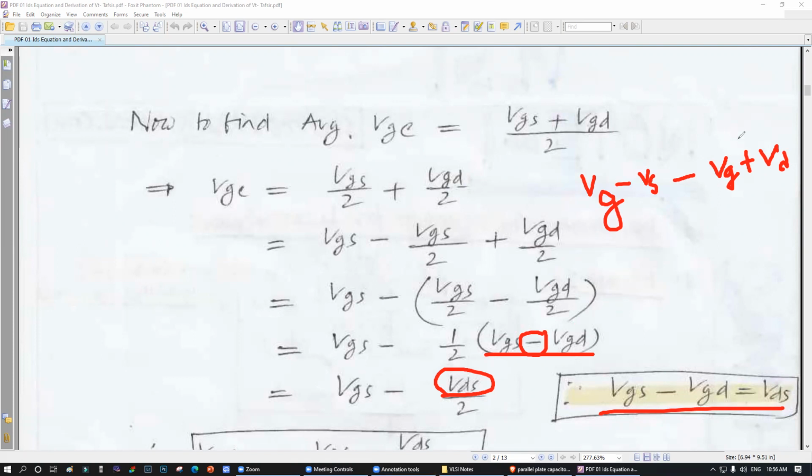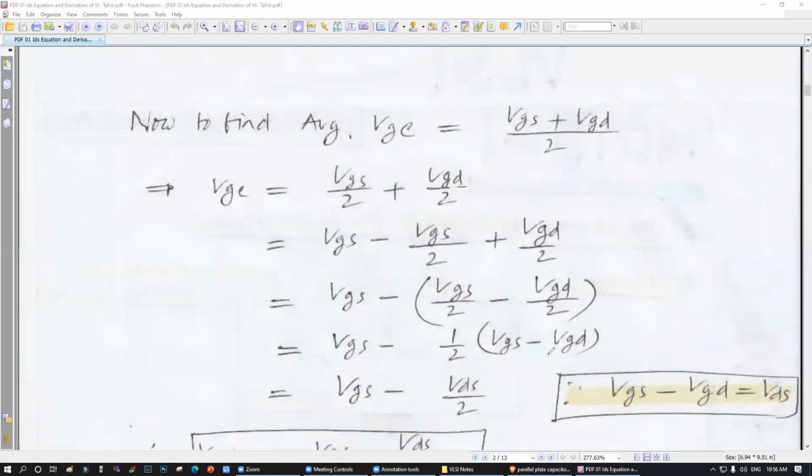Just look at this: these VG and these VG are gone. So what are you left with? VD minus VS. So we can call this VDS. So your VGC is equal to VGS minus VDS by 2.